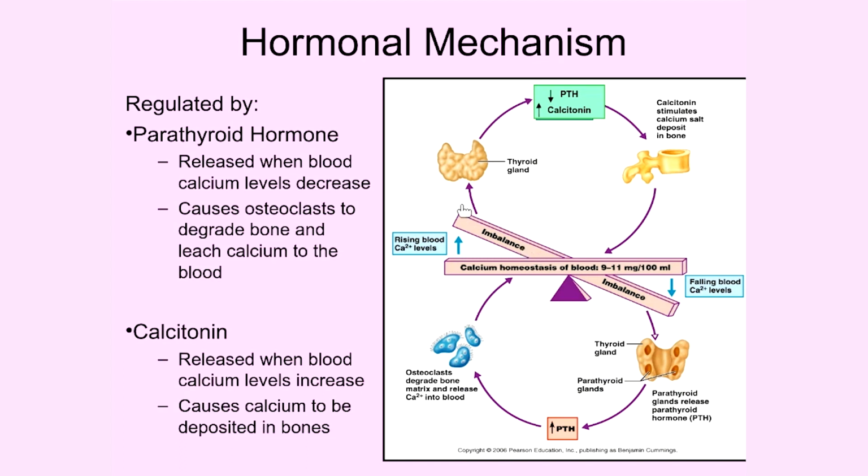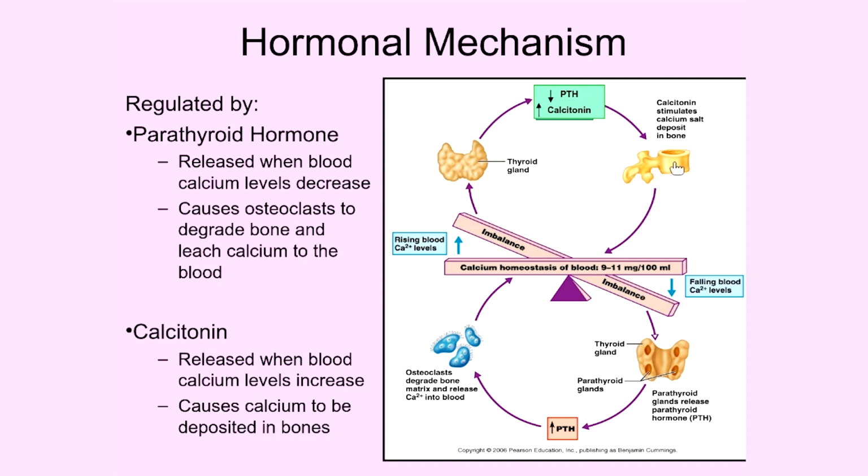In that case, the thyroid gland, so that's the anterior part of this organ that we have sitting in the neck, is going to increase release of a hormone which is known as calcitonin. At the same time, we're going to see a decrease in release of parathyroid hormone from the parathyroid gland.